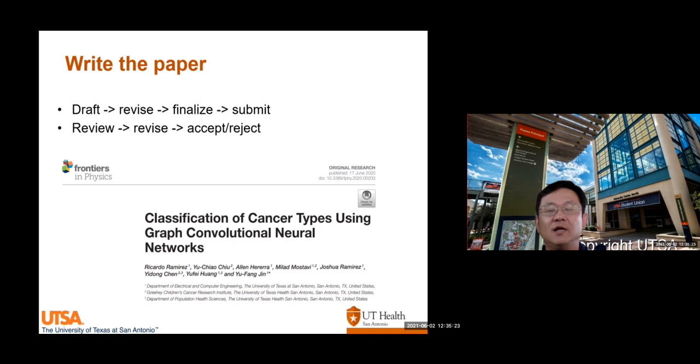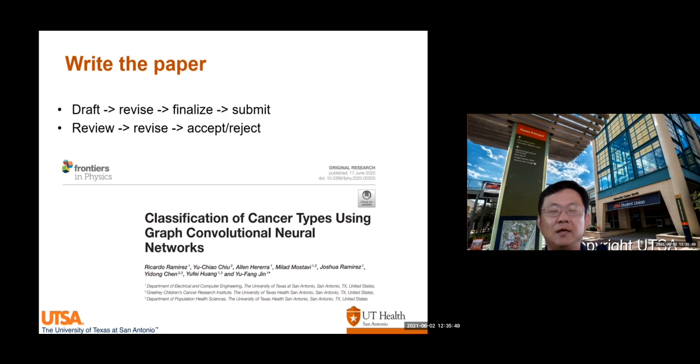Wait for what? Wait for the journal to start the reviewing process. And this reviewing process can be really long, right? But now many journals have policies to try to expedite the review process, or to be able to review your paper in a reasonable timeline.